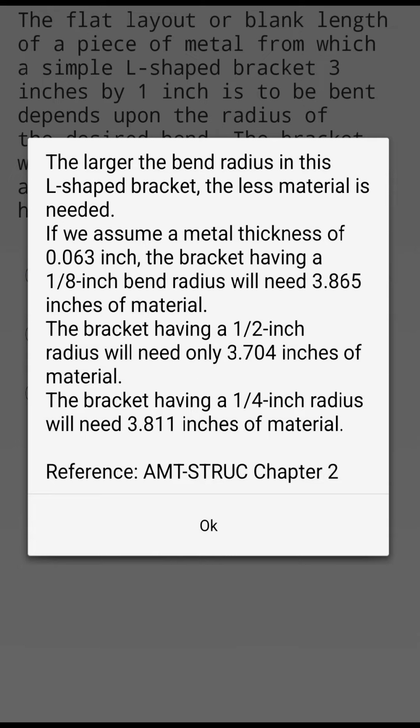If we assume a metal thickness of 0.063 inch, the bracket having a 1/8 inch bend radius will need 3.865 inches of material. The bracket having a 1/2 inch radius will need only 3.704 inches of material. The bracket having a 1/4 inch radius will need 3.811 inches of material.